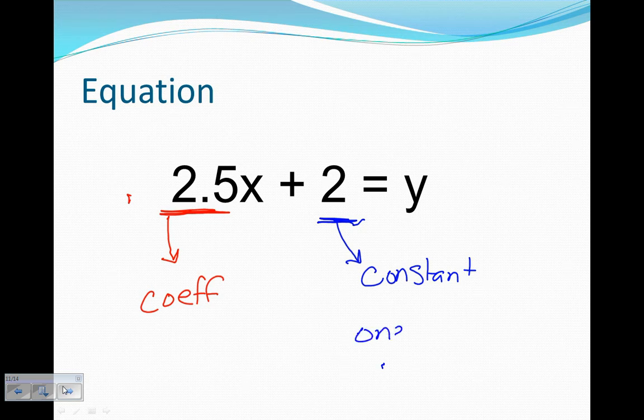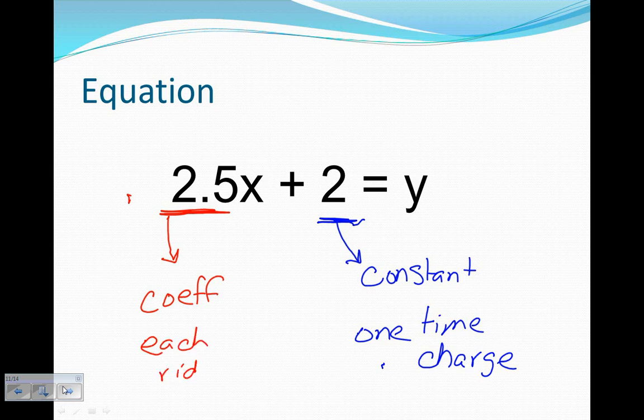This is a one-time charge. So to get in the gate, you only have to pay $2. Now the coefficient over here, on the other hand, this is what you have to pay for each ride. And we already said that the x is the number of rides.